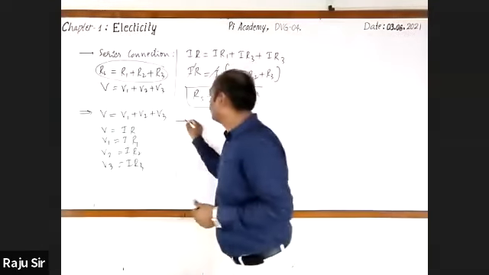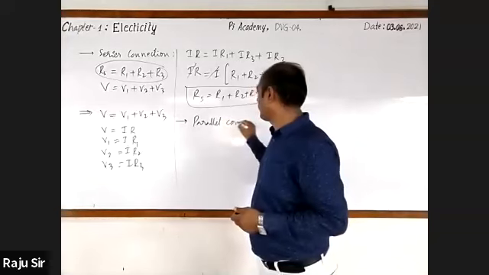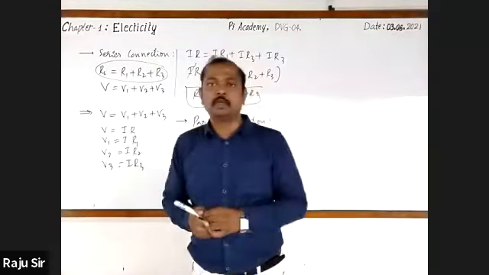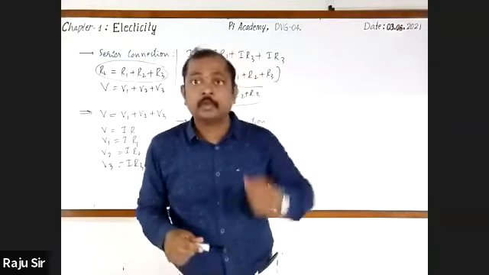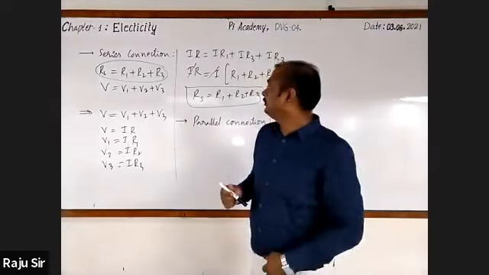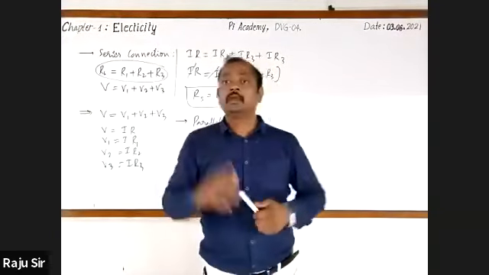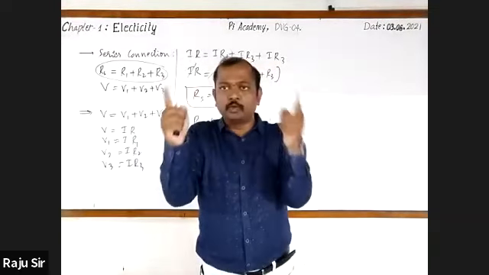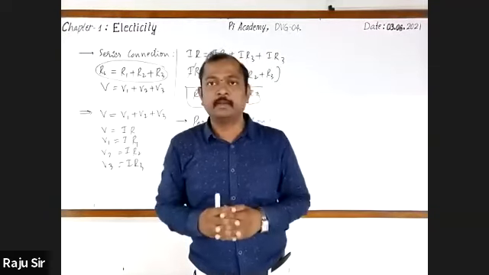Now let's focus on parallel connection. Just let us recall some important points. Listen, if two or more resistors are connected between two same points in the circuit, then they are said to be connected in parallel, right?